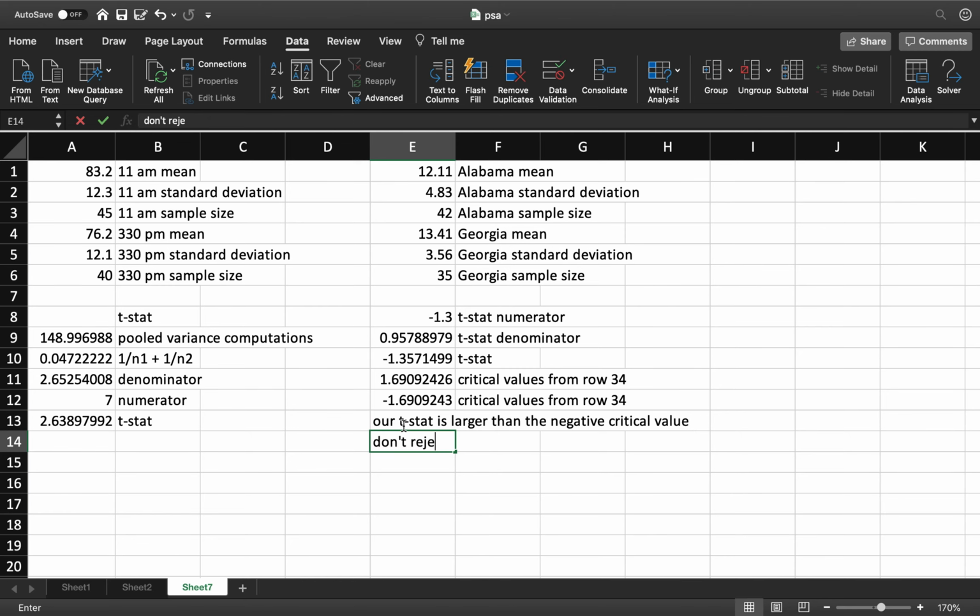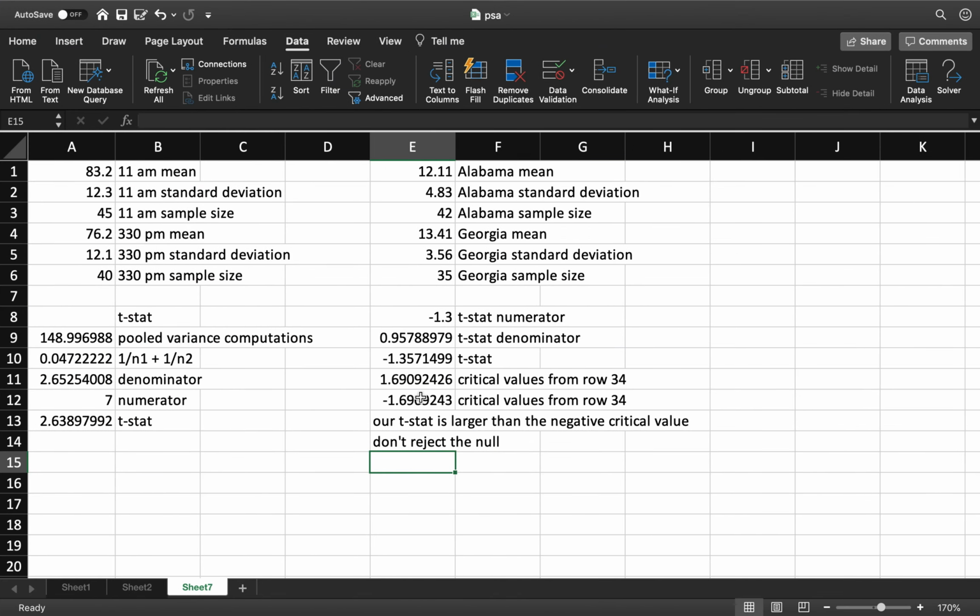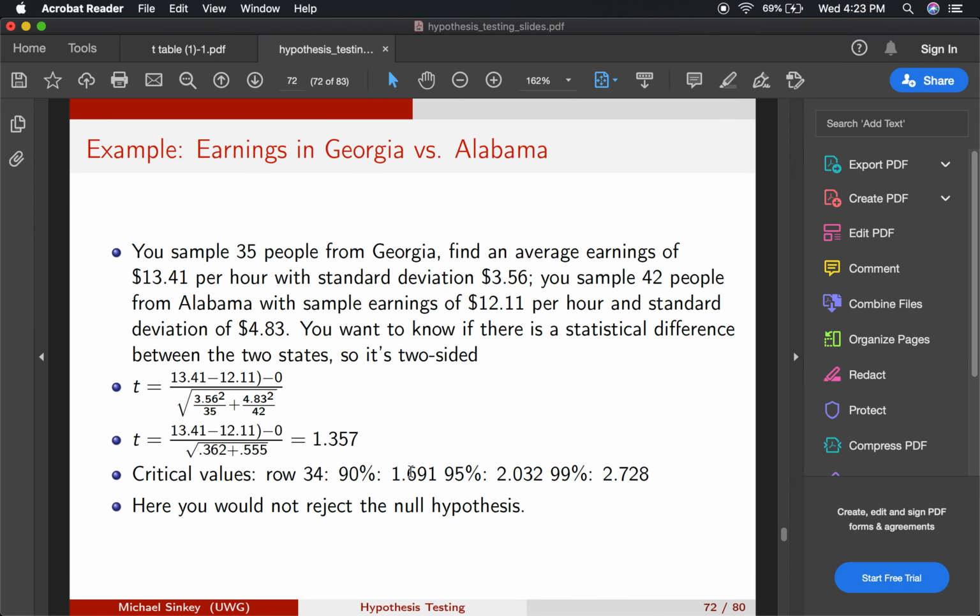We don't reject the null. You can see that I put the critical values on the slide of 1.691, and actually Excel looked that up for us. So that's a plus.